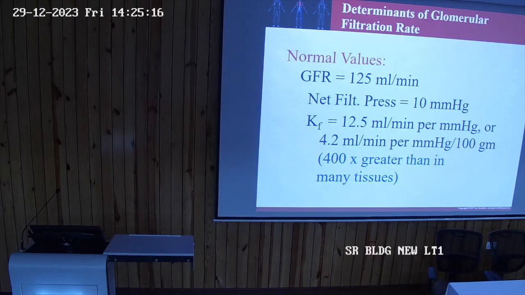So whenever there is fluctuation of mean arterial blood pressure from 80 millimeters of mercury to 180 millimeters of mercury, the renal blood flow remains the same. Why? Because it has to maintain the glomerular filtration rate. If there is change in the arterial pressure, there will be change in the net effective pressure, and there will be change in the glomerular filtration rate.